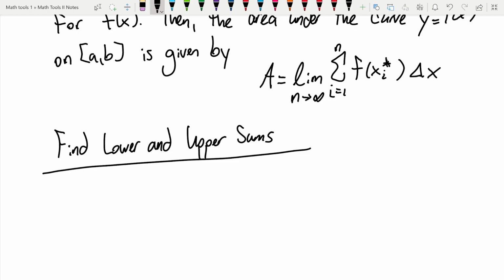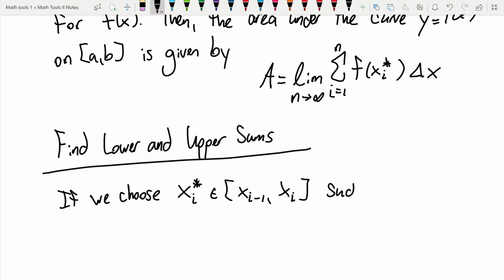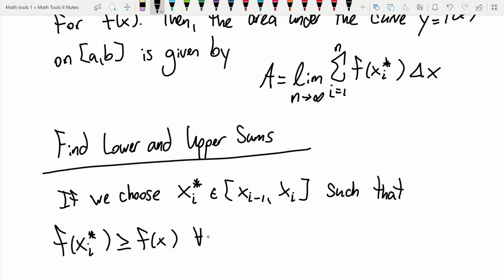Okay, so if we choose x_i star in [x_{i-1}, x_i], such that f of x_i star is greater than or equal to f of x for all x in the subinterval.